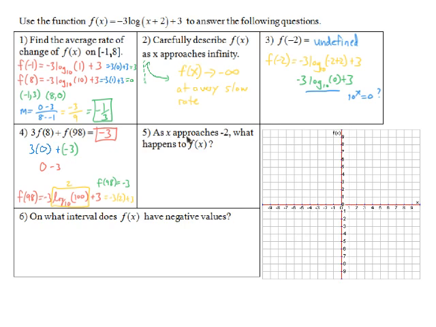So next, as x approaches -2, what happens to f of x? Well, if we look back at this sketch, we know we can't approach from the left side because there's nothing there. As you approach -2, -2 is this asymptote. How do I know that? Remember, it was undefined. And if -2 doesn't make sense, when it equals 0 is your asymptote. So as x approaches -2, what happens to the values of f of x?